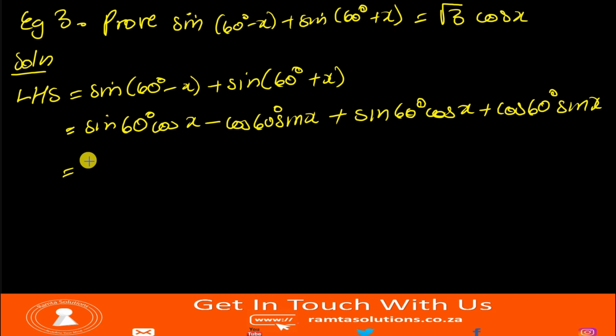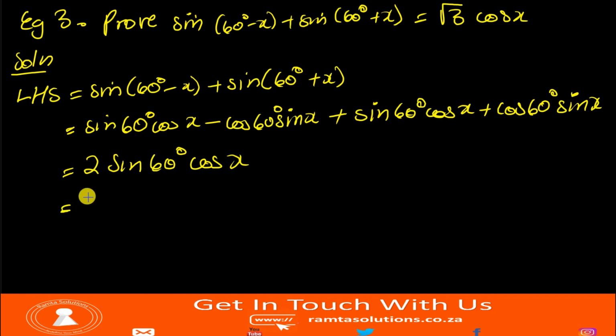We are left with 2 sine 60 degrees cos x. Okay, they are like terms. As you can see, sine 60 degrees cos x plus another sine 60 degrees cos x. However, the negative cos 60 degrees sine x plus cos 60 degrees sine x will cancel, meaning they will become 0. So we're not going to consider that.